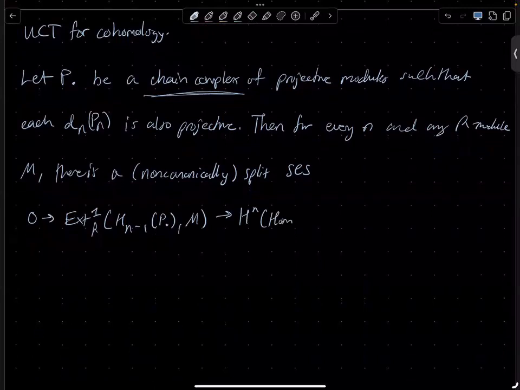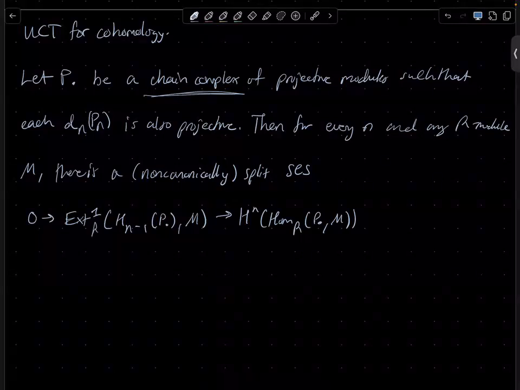Here I put Hom_R(P bullet, M). This is the cochain complex you get after applying the contravariant Hom functor. And then the last term is Hom_R(H_n P, M).